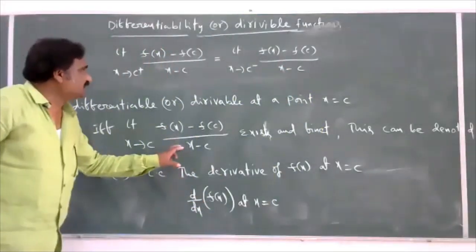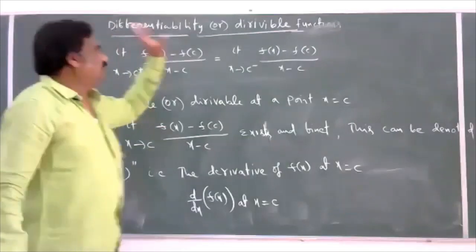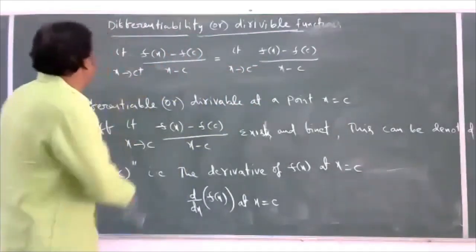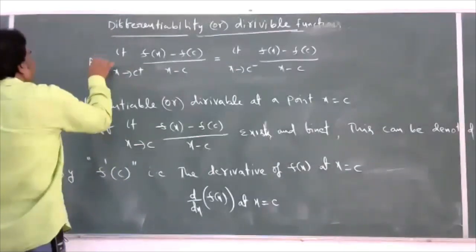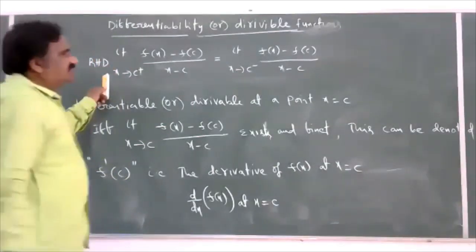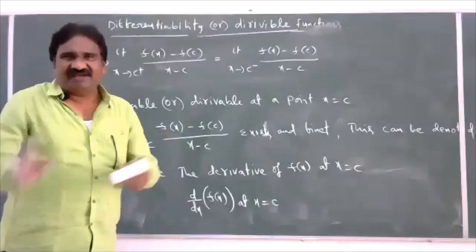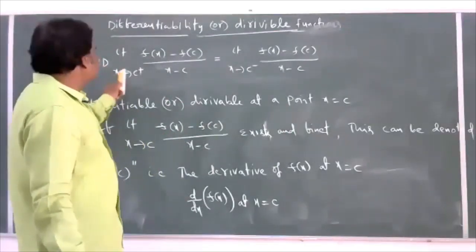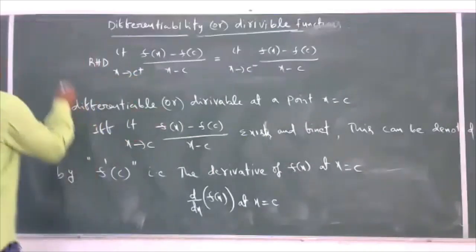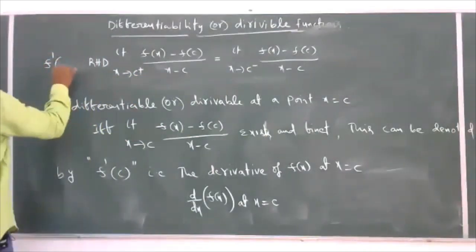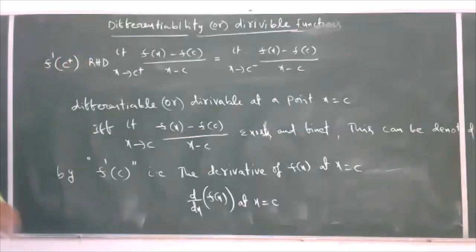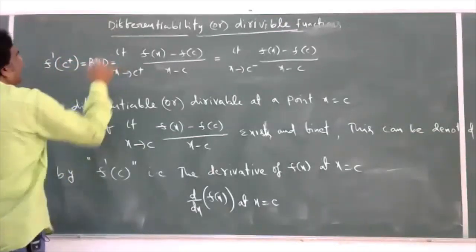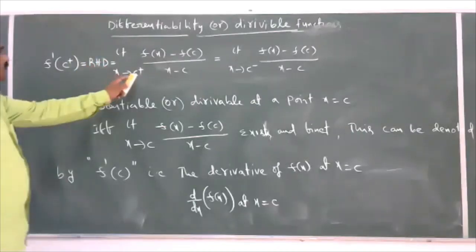This limit exists means the left hand value is equal to the right hand value. The limit as x tends to c plus is called the right hand derivative, RHD, written as f dash c plus.